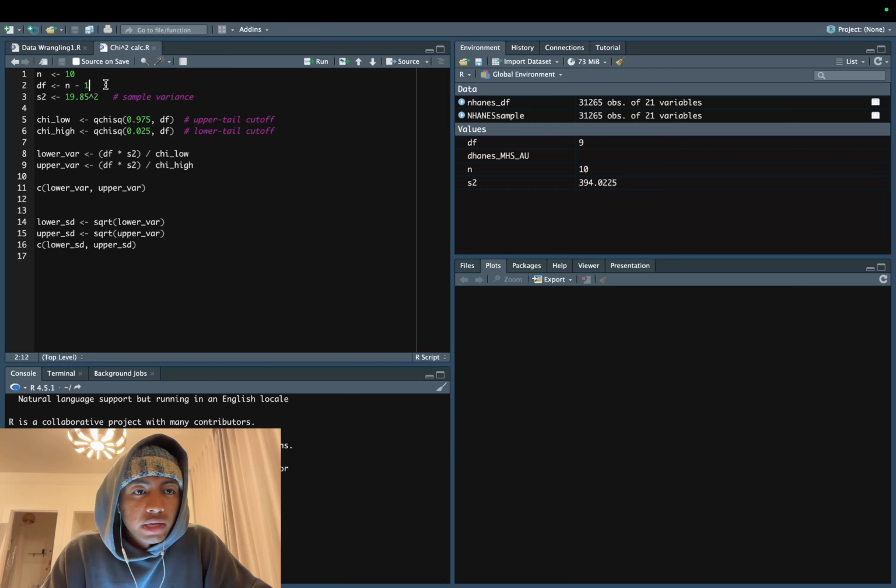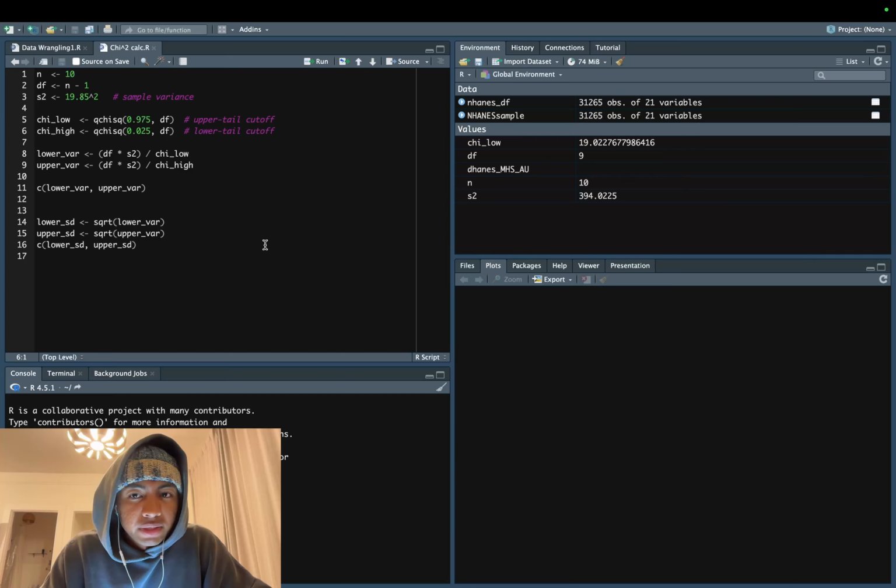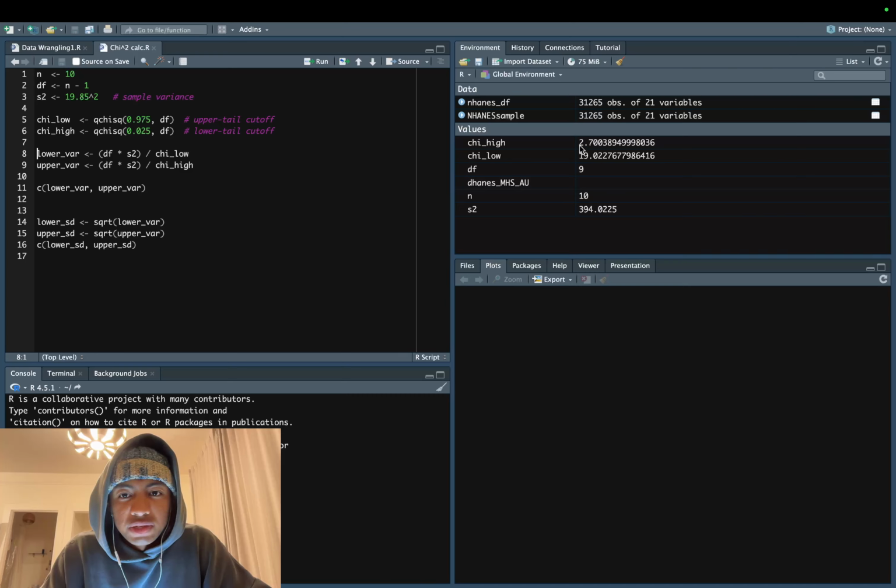Our n equals 10, our degrees of freedom at n minus 1, our sample variance at 19.85 squared. Then we can calculate our chi-low by putting in 0.975 for our left-hand side and assigning our object degrees of freedom for our right-hand side. And then same thing with our chi-high. Now that we've got those in, we see our values down here for our chi-high and chi-low.